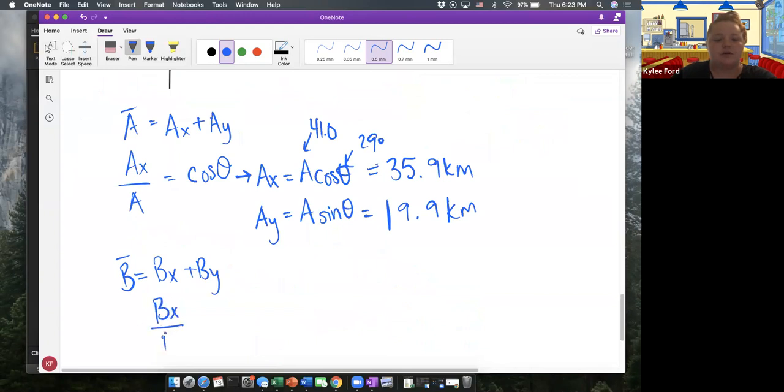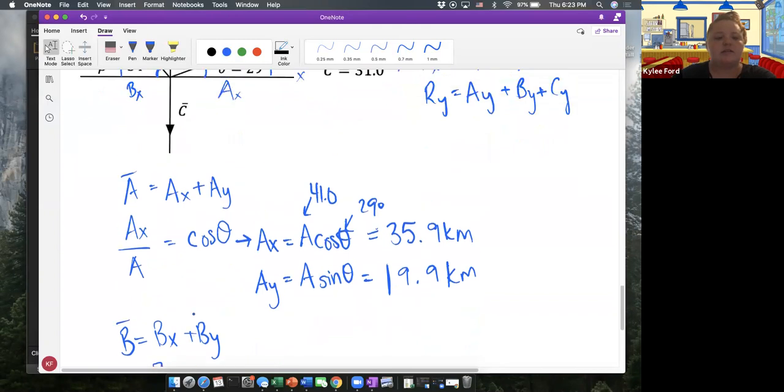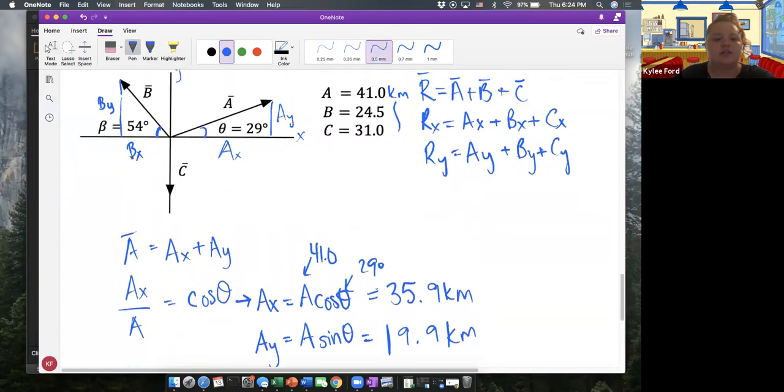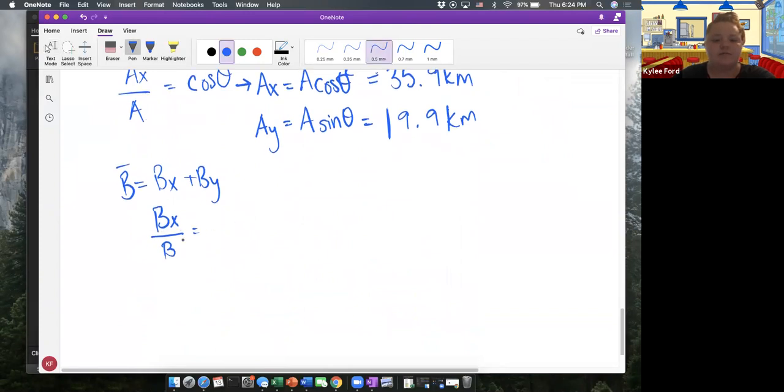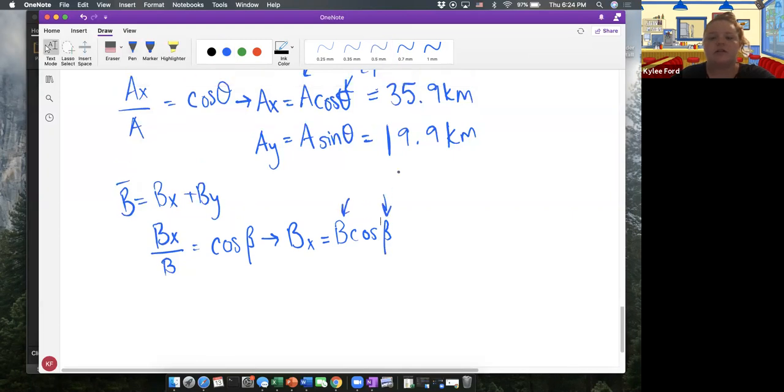BX over B is adjacent over hypotenuse, which is going to be our cosine of beta. We can solve for our BX using algebra and then input our values here.